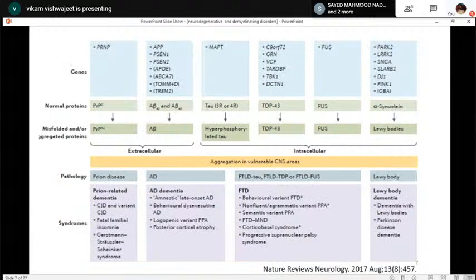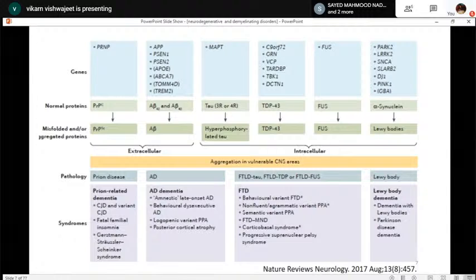So this is a schematic diagram depicting the main groups of neurodegenerative disorders. In the upper panel you can see the genes which are characteristically involved in causation of the disease, and some of these genes encode certain proteins which are abnormally aggregated and lead to the development of the disease.